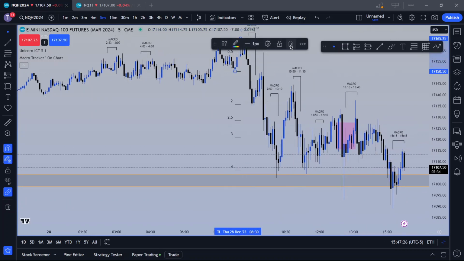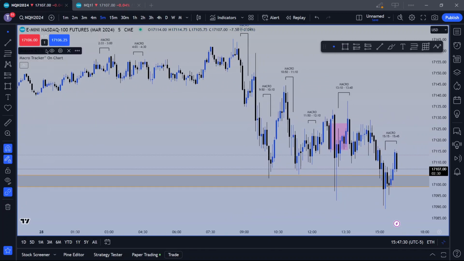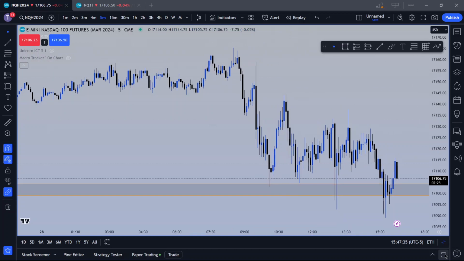I've been experimenting with that, and I have been liking it for using it to predict how far these models can go.